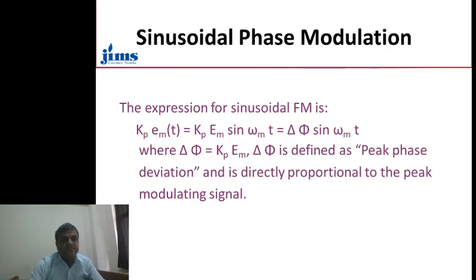Then that is the expression for the sinusoidal FM signal, where Kp em(t) equals Kp Em sin omega t. That expression was already explained in the first lecture and the previous slides.